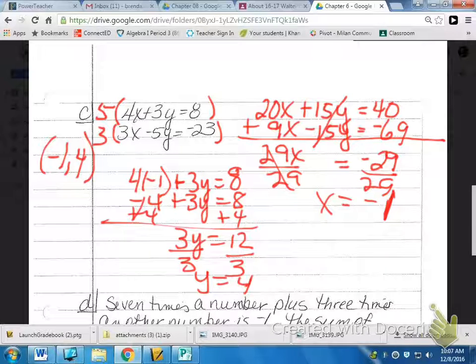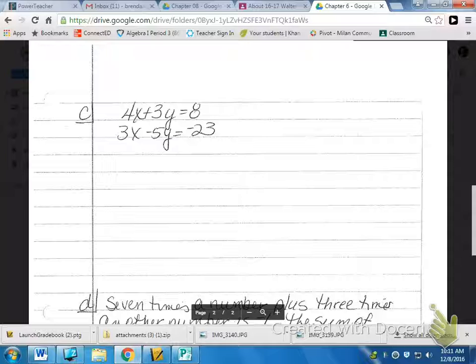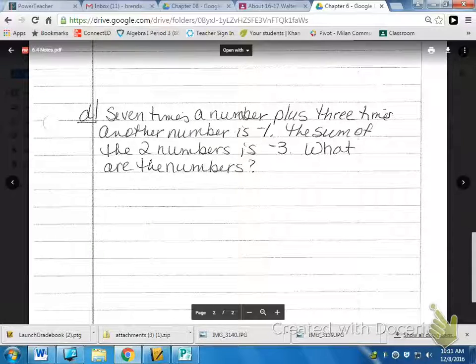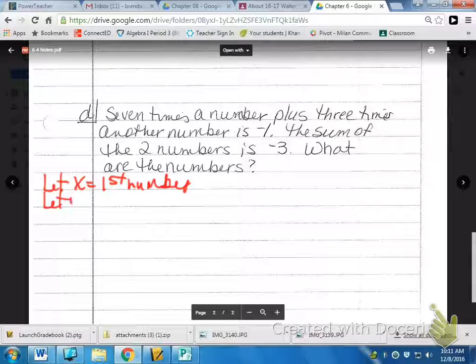All right, we've got a word problem to do. Has everybody got the red written? Seven times a number plus 3 times another number is negative 1. The sum of the two numbers is negative 3. What are the numbers? So I'm going to let x equal my first number, and let y equal my second number.